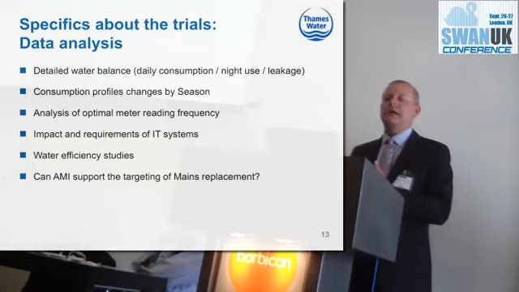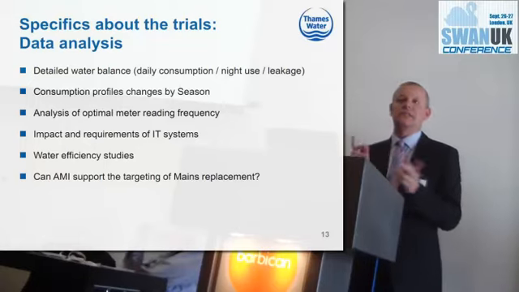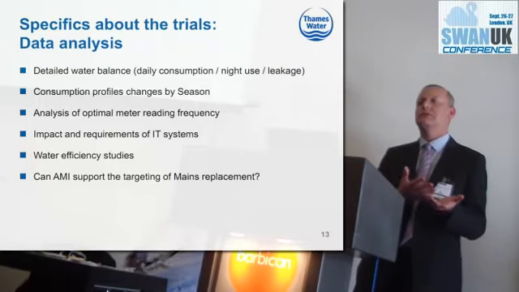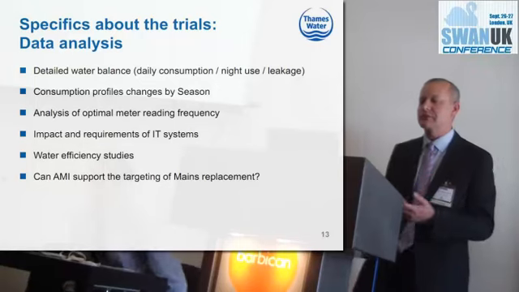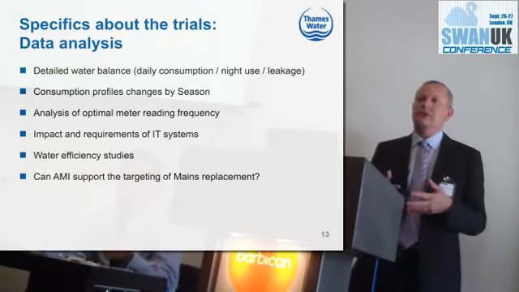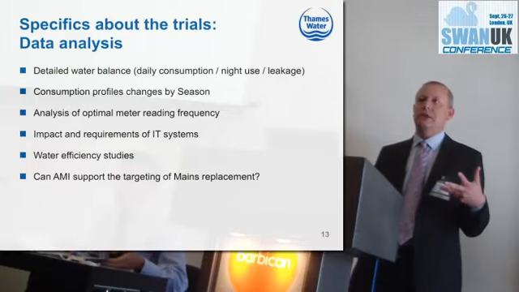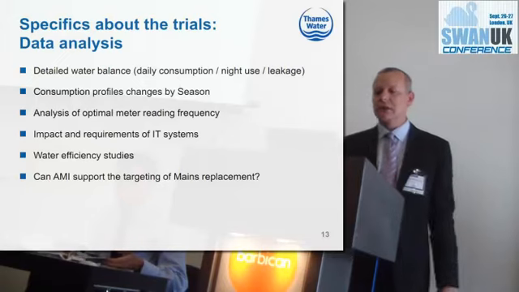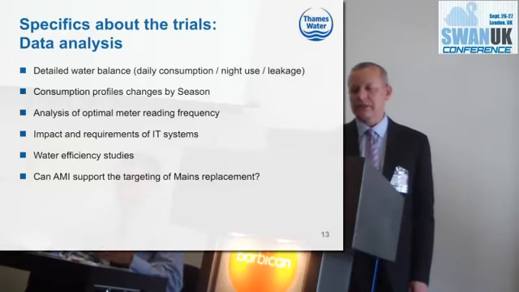The Arqiva sensor system is two-way, so you can remotely change how the meter is programmed, the reading frequency for example. I think this is an important part, because we say we need lots of data, but there are different objectives for the data we are collecting, so this is going to be evaluated.